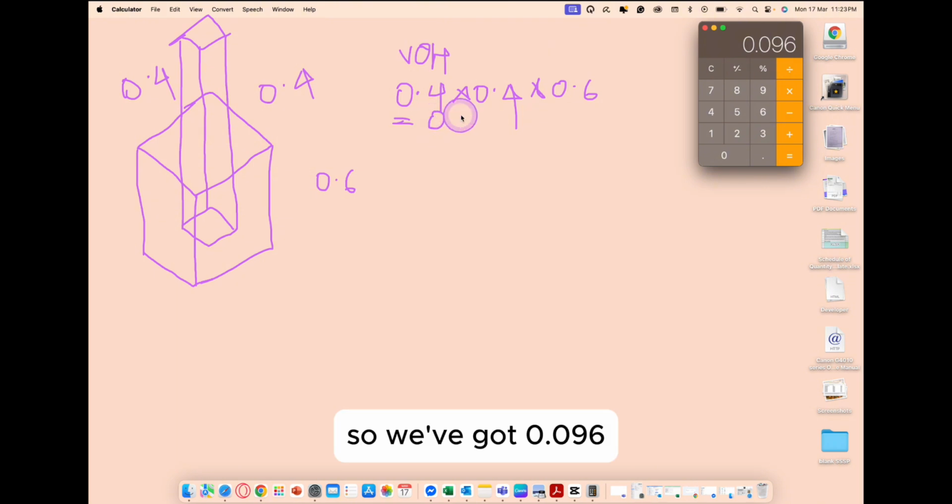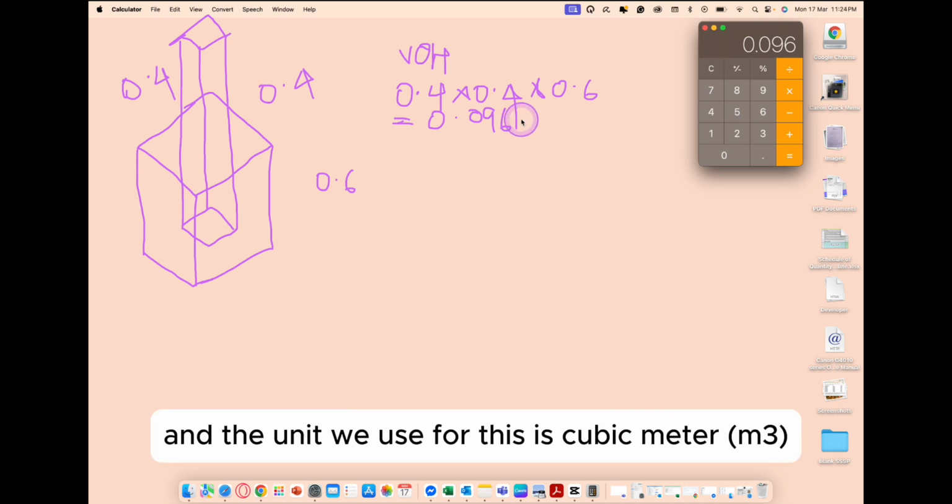So we've got 0.096, and the unit we use for this is cubic meter.